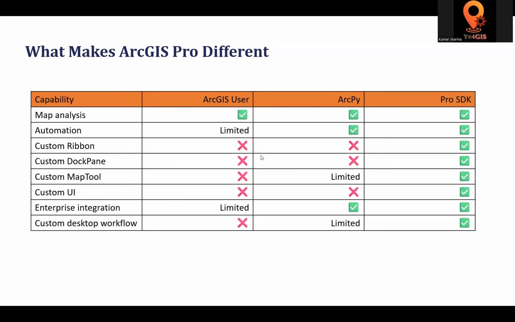Now here, if you see the comparison of what we can develop using Python and what we can develop using the ArcGIS Pro .NET SDK, you can easily understand the difference. Map analysis we can do using ArcPy and using the ArcGIS Pro .NET SDK. Automation we can do using both.